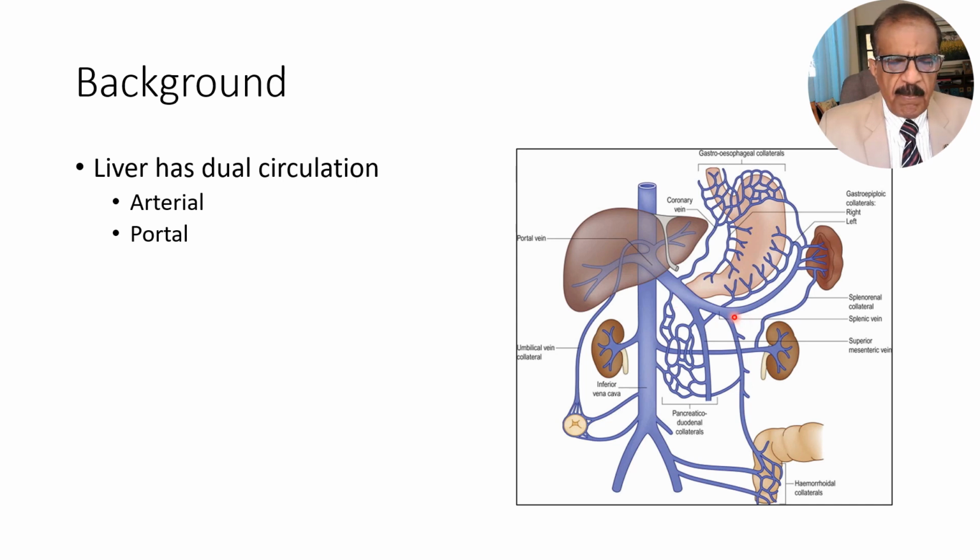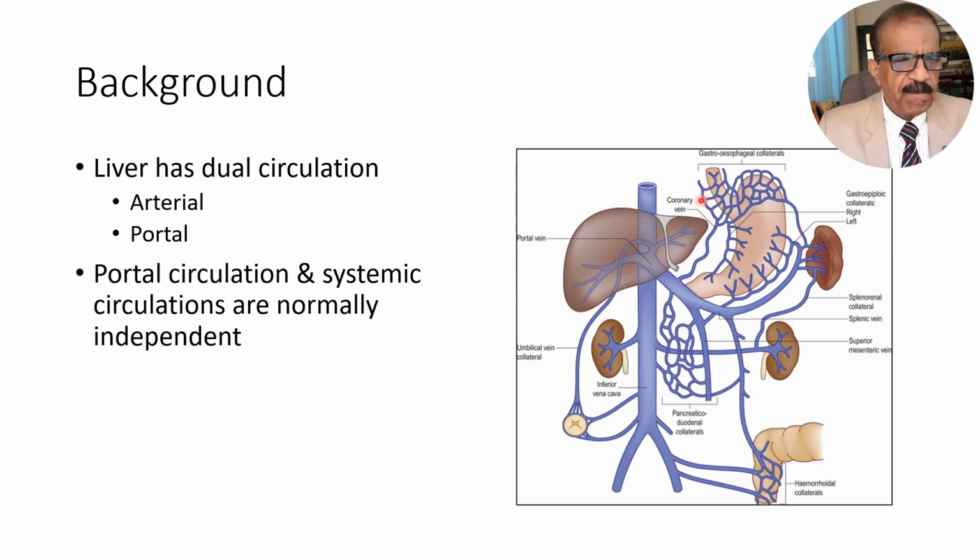The important thing is that this 80% of the blood has to pass through the liver, through the sinusoids, and then to the inferior vena cava. So it is easy to understand that if there is a change in the architecture of the liver, so that there is obstruction of the portal flow, the pressure will build up. This normal circulation will not be possible, and blood will be shunted out into another channel, which I'm going to explain in the next slide.